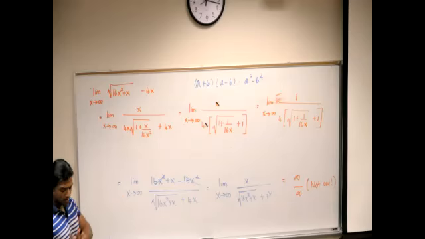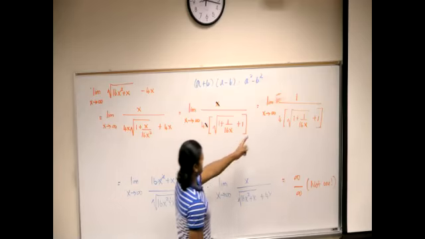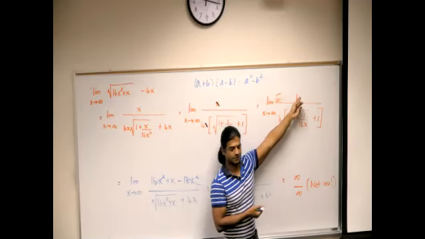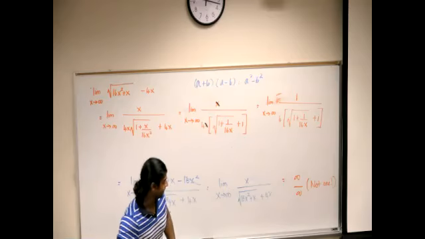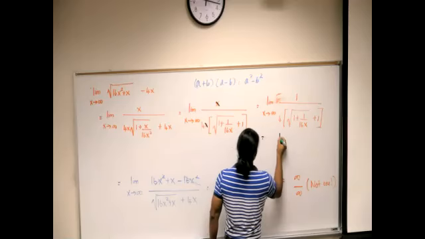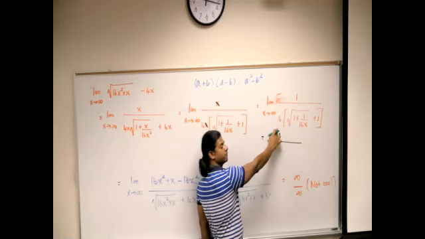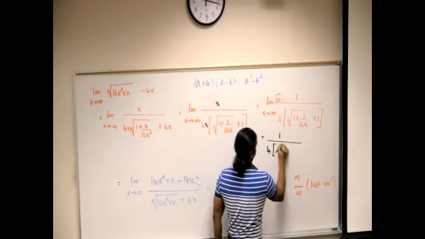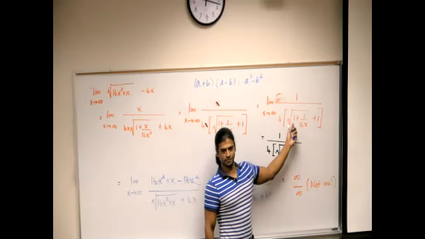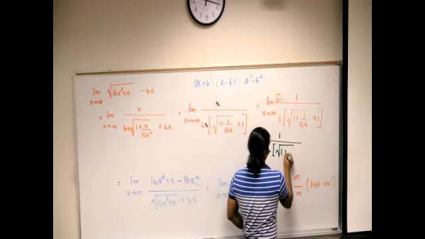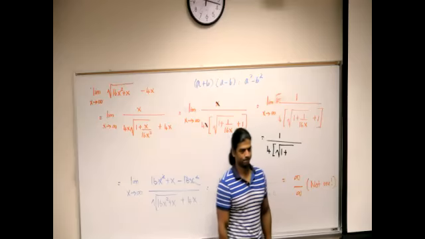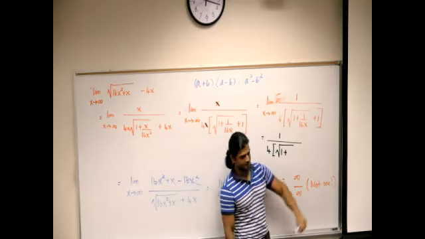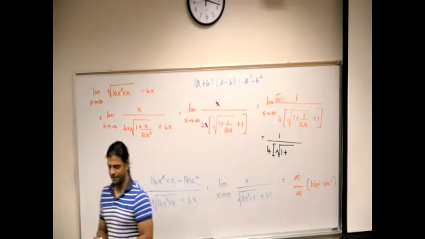Good. Now I can apply the limit. As x approaches infinity, would it affect the numerator? No, it will stay as 1. Would it affect the 4? No. Would it affect that 1? No. What about that term? It is going to affect that term because there is an x, but what would happen to its value?